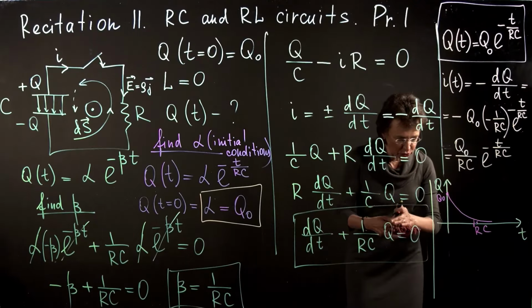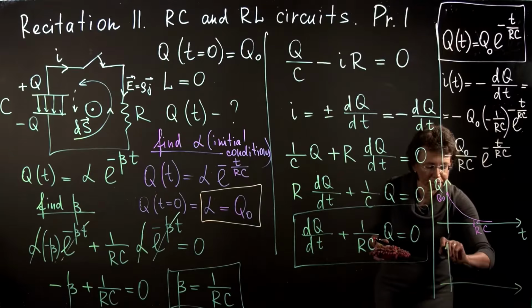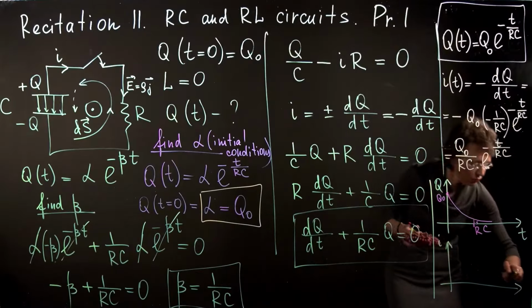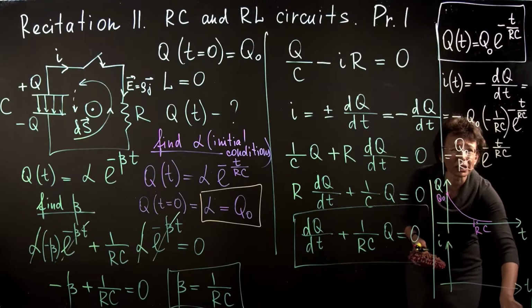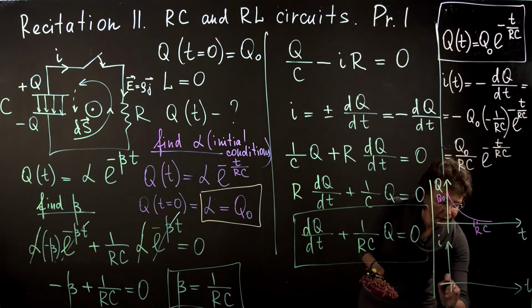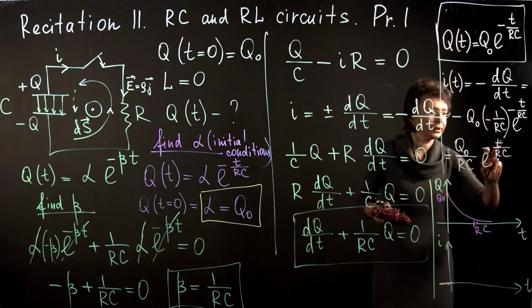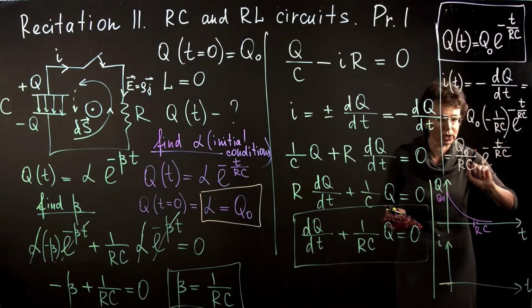Now what I'll do next is plot current as a function of time. Let's look at current. Before I start my clock, current was 0. And now at time moment 0, e to 0 is 1.